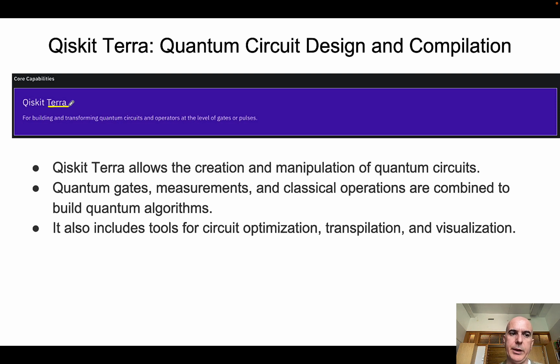Its core capability also includes tools for circuit optimization. It turns out that we can improve and optimize the expression of our circuit. We can use transpilation, the capability of going from one circuit to an optimized one, and also visualize the quantum circuit.